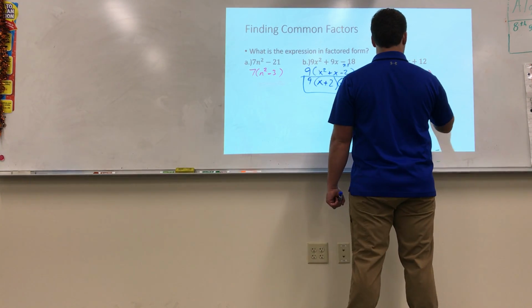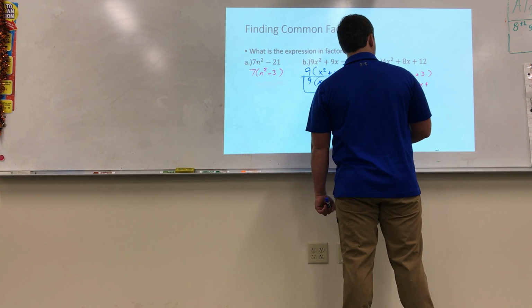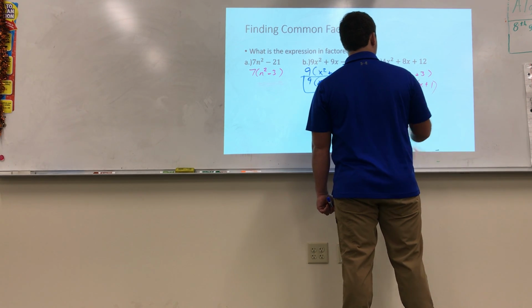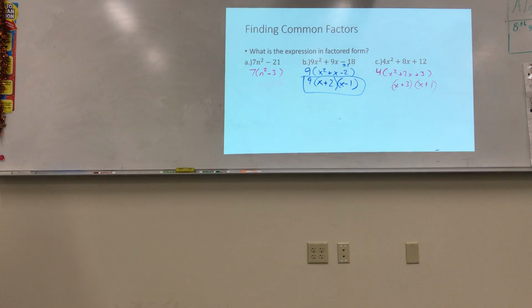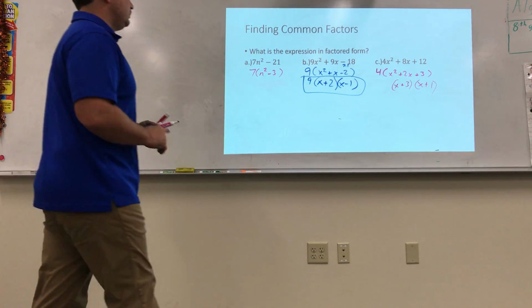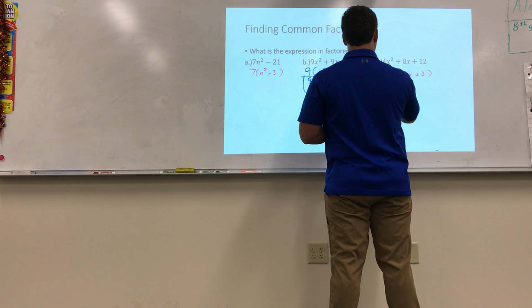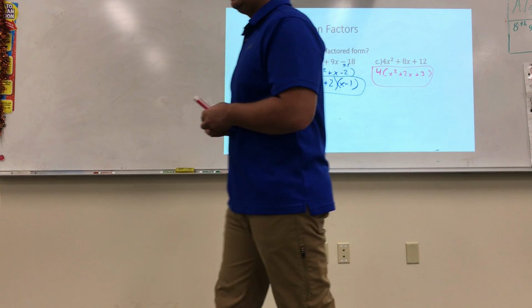Well, you have x, you have a plus, so it's got to be plus, plus. Factors of 3 are 1 and 3. If I do inside, outside, does that work? I'm getting 4x when I do it. So this is one that does not work. Those are the only factors I can have for that, and it will not work. And you can use some of the rules I taught you and tell yourself you are done at that point.